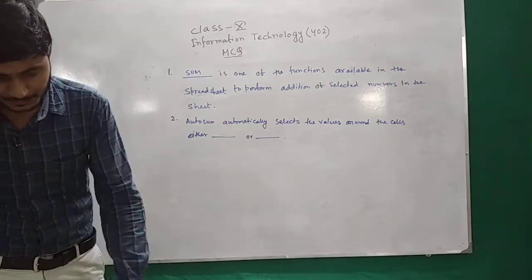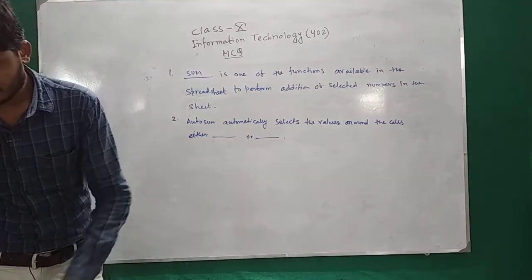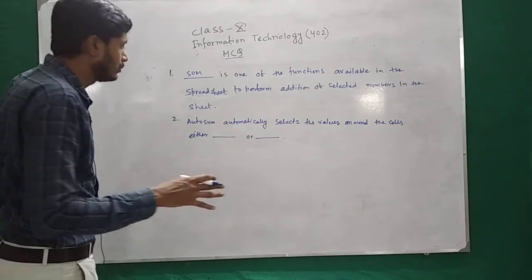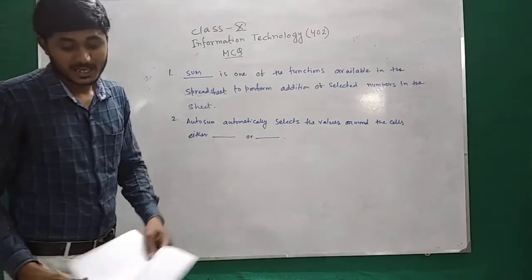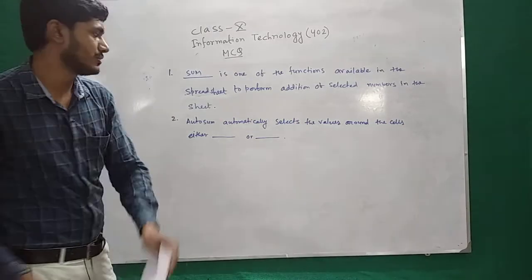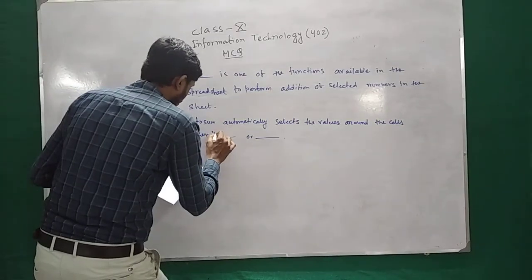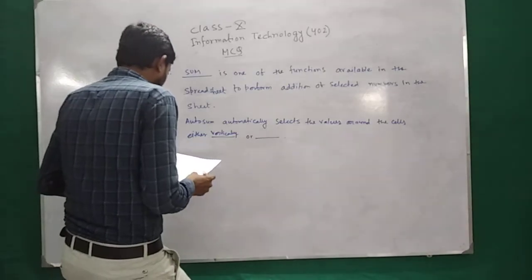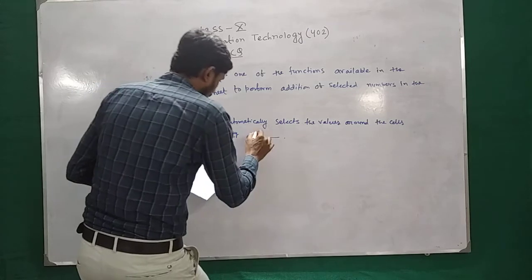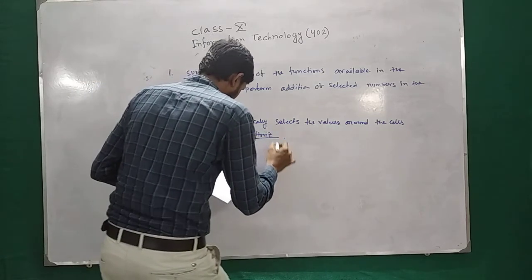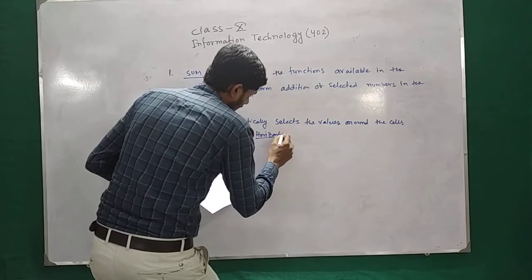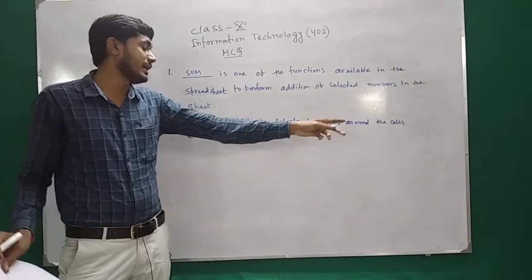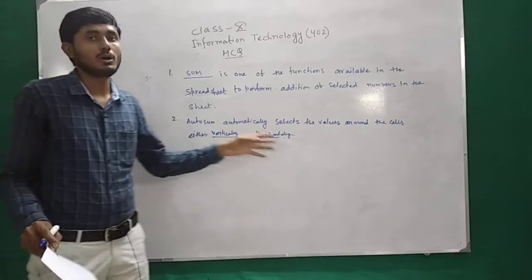So AutoSum is basically a feature. AutoSum automatically selects the values around the cells, either vertically or horizontally. So the answer is vertically or horizontally. So AutoSum automatically selects the values around the cells either vertically or horizontally.